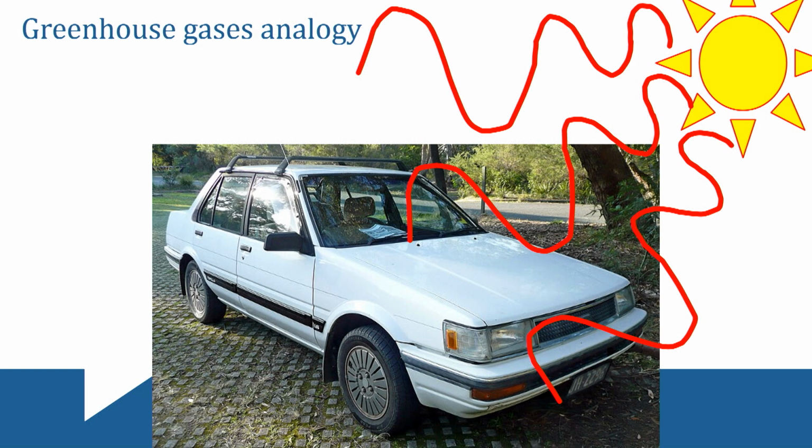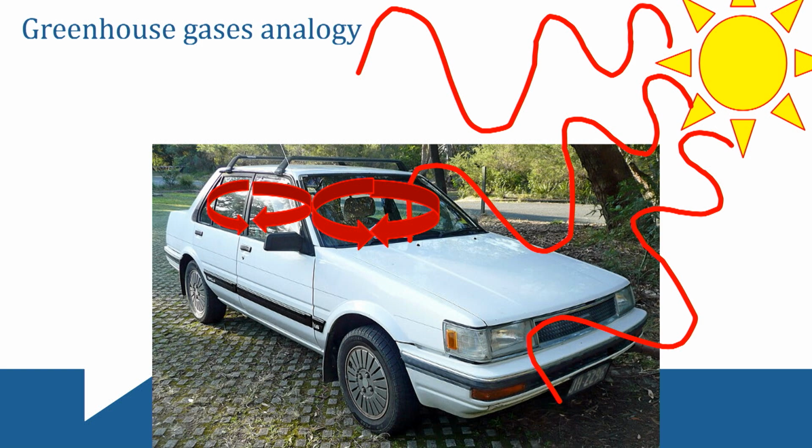Now the windows here are all rolled up, and that's going to let the heat in. And the greenhouse gases do the same thing. The windows in this analogy are the greenhouse gases. The greenhouse gases let the light in just fine. The light can go through that window and starts to warm up the car, right? Well, because the windows are rolled up, the heat doesn't really have anywhere to go. So it just stays there in the car.